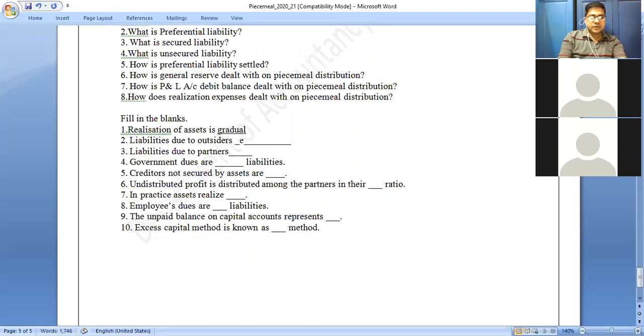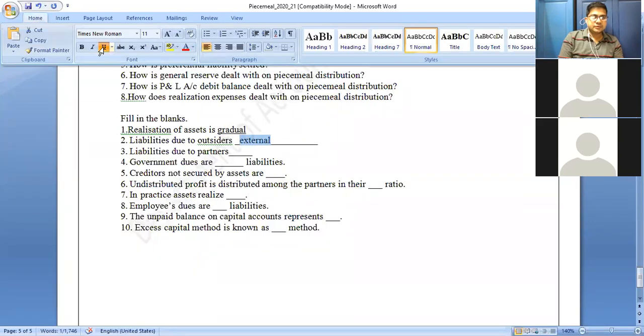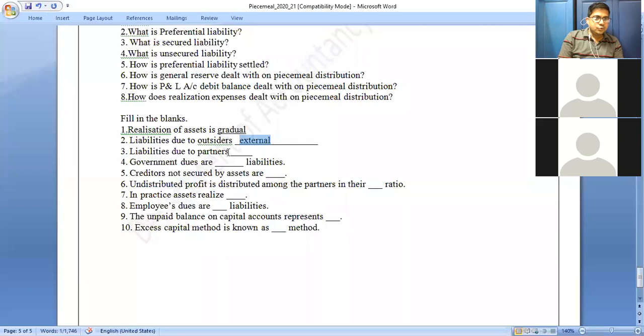Answer is external liability. Liability is due to partner. Answer: it is an internal liability. Answer is internal.